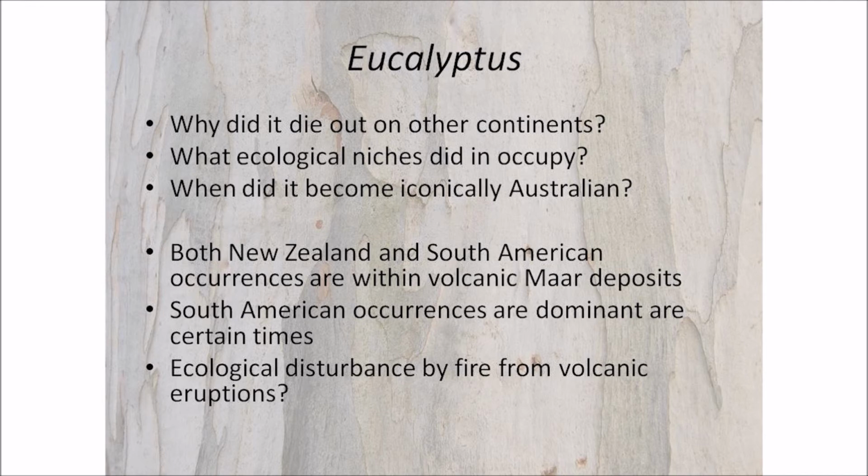Both the New Zealand and South American records are interesting because they're associated with volcanic deposits. They're associated with what are called Maar lakes. And in particular, the South American occurrence is this massive volcano that's sitting in the middle of rainforest. A whole lot of Australian rainforest species are in that flora. But at certain periods of time in that sequence, you get horizons that are just full of eucalyptus.